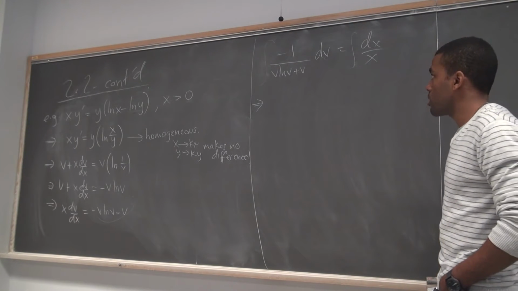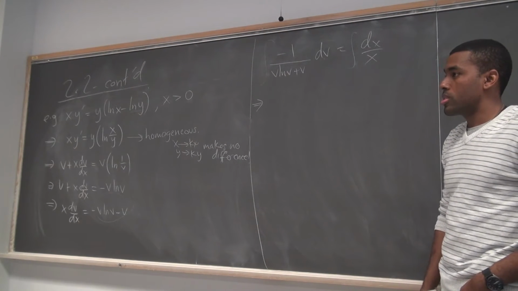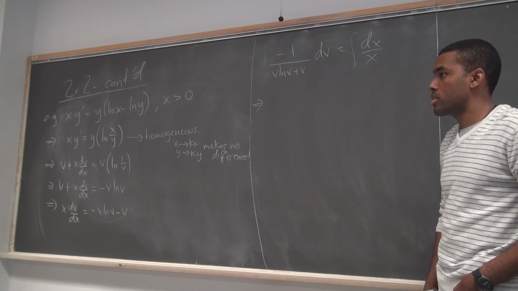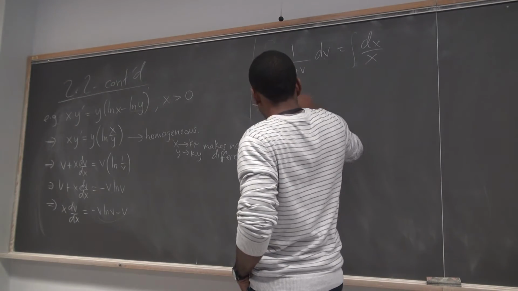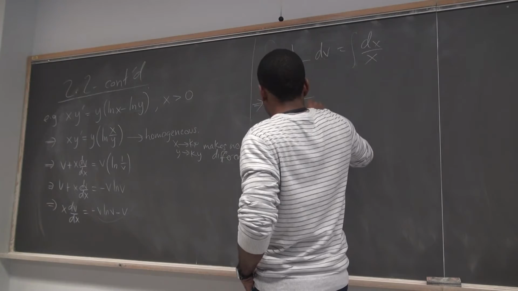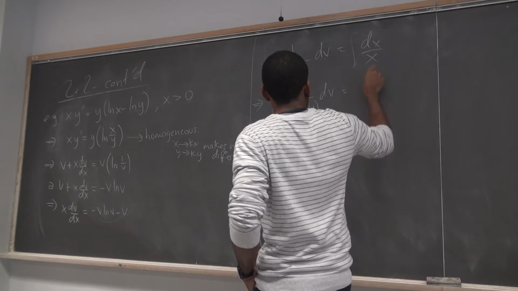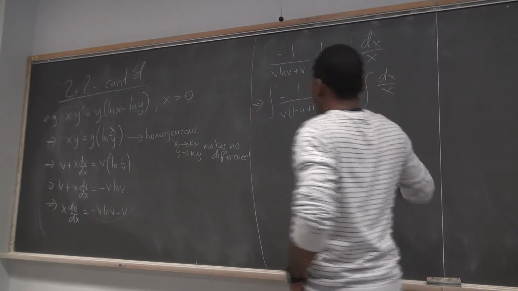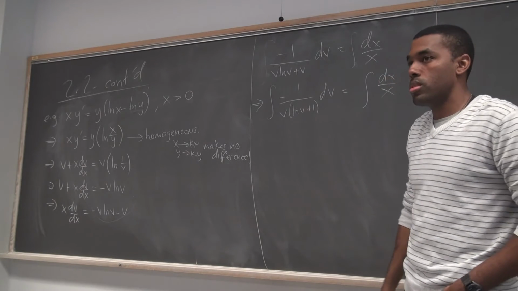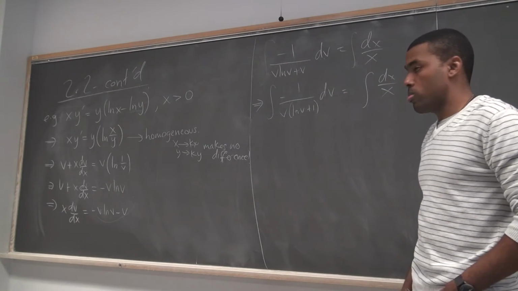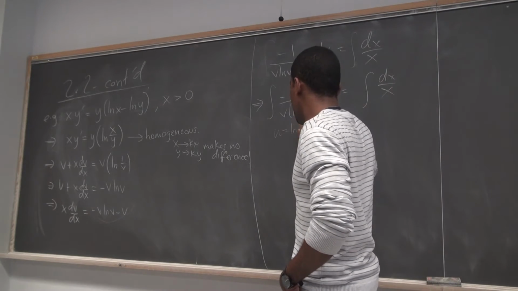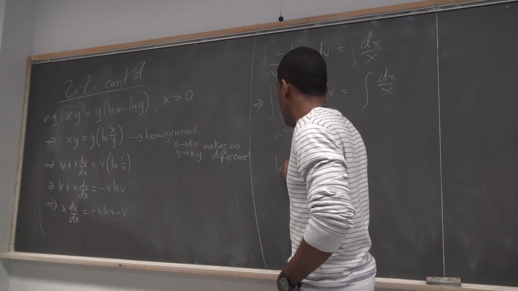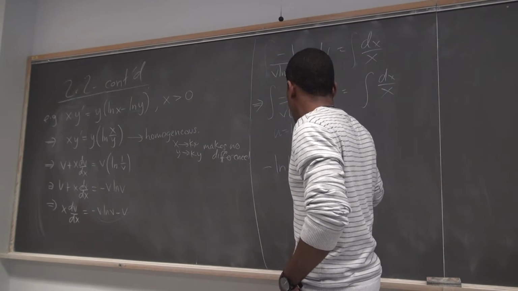What would you substitute? ln v, because we can factor out the v. You can factor out the v. What do you substitute? v ln v? No. ln v plus 1, right? You do a substitution of u equals ln v plus 1, and then you'd end up with minus ln of ln v plus 1.